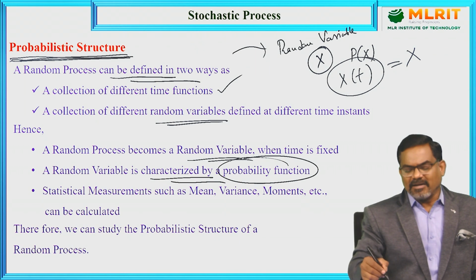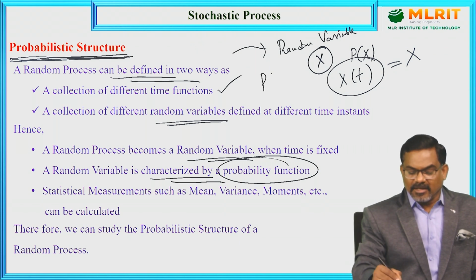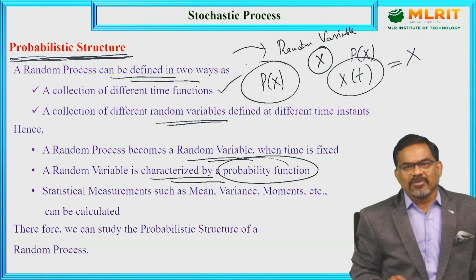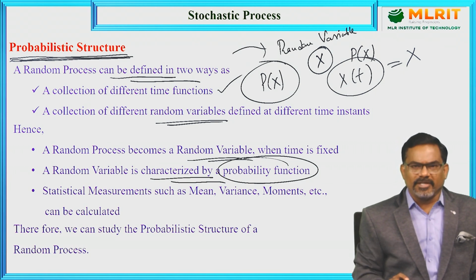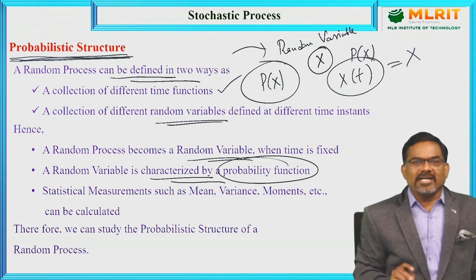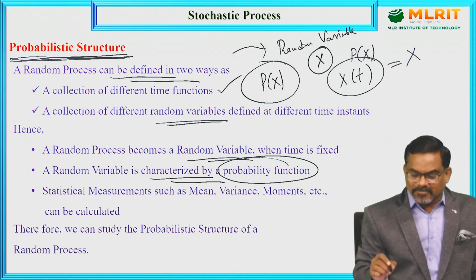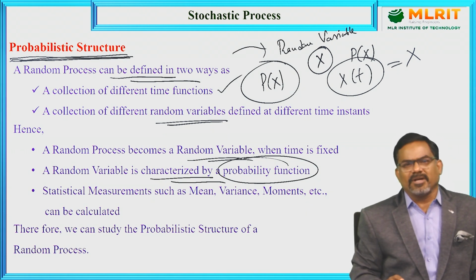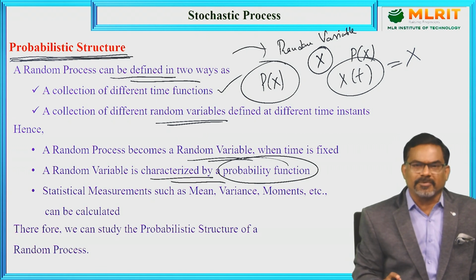If we have a random variable capital X, immediately you can find the probability of that random variable capital X. So, it is characterized by the probability function, and statistical measurements such as mean, variance, moments, etc. can be calculated for that random variable, or for that probability distribution.